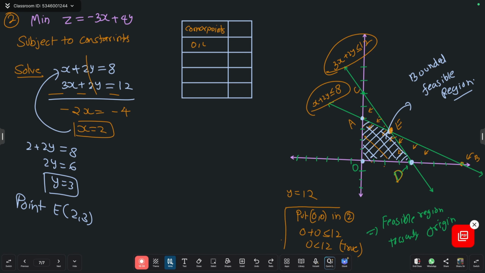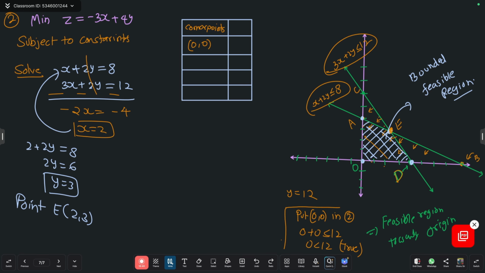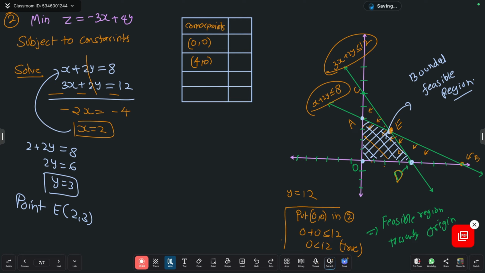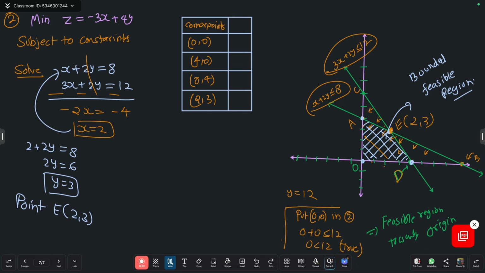One is the origin 0, 0, and one is this D point. Coordinates of D: 4, 0. And one is 0, 4. And one is the E point, which came 2, 3. And here the corresponding values of z.